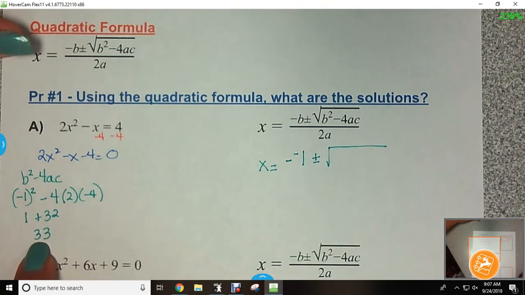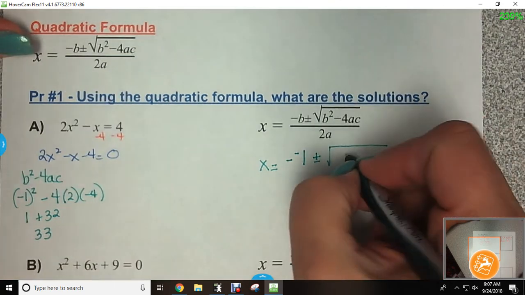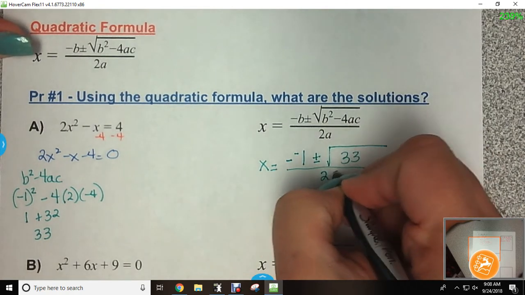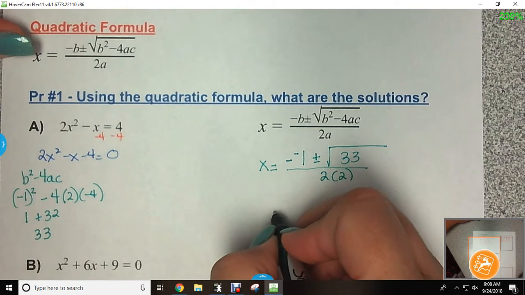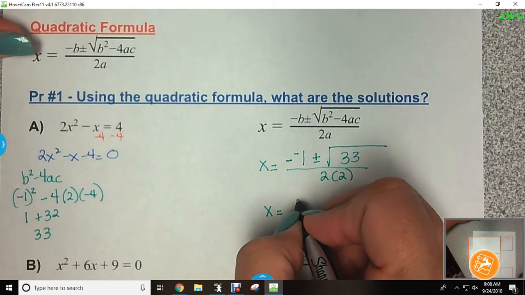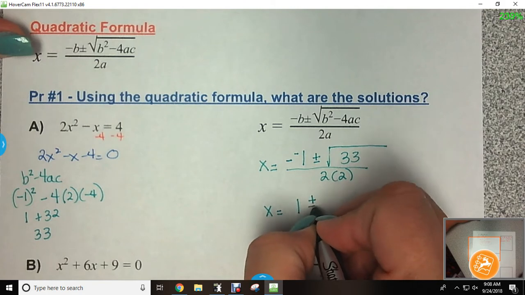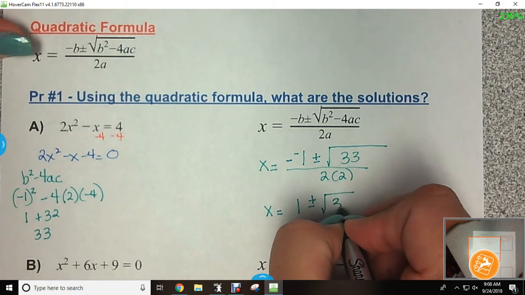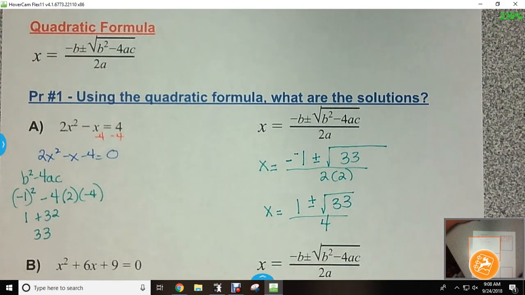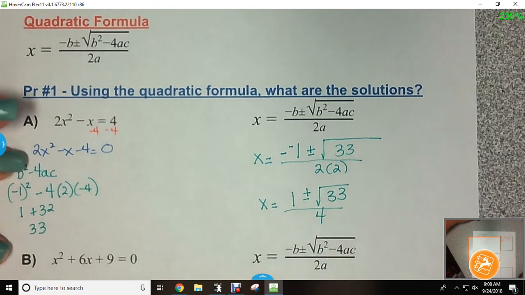I already did all that work over here, so I'm just going to write it over here, not doing it all over again. And then on the bottom is 2 times 2. So to finish simplifying, I'm going to end up with a +1 plus or minus the square root of 33 over 4. And I want you to remember that this is really 2 answers.